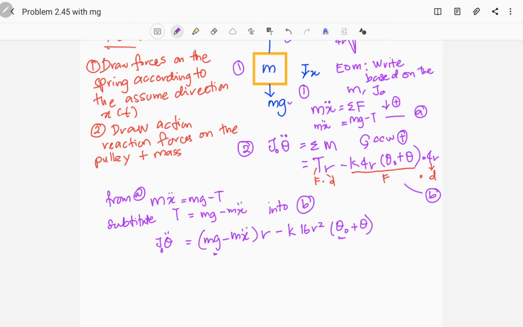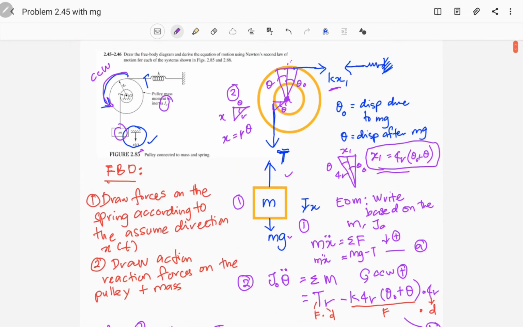So as I said previously, if you look at the relationship between mg and theta naught, how do you relate that? You can see here is your mg, your theta naught. As you move your mg, due to the mass and the gravity, then you will move theta.